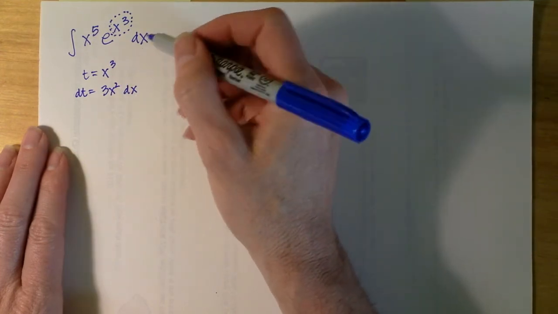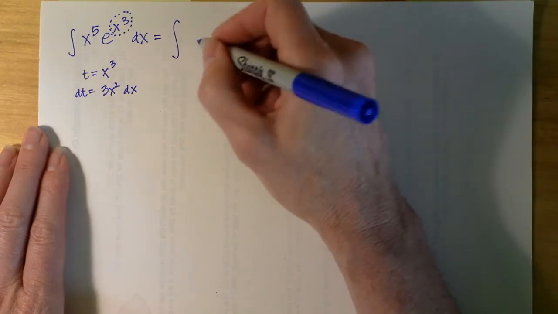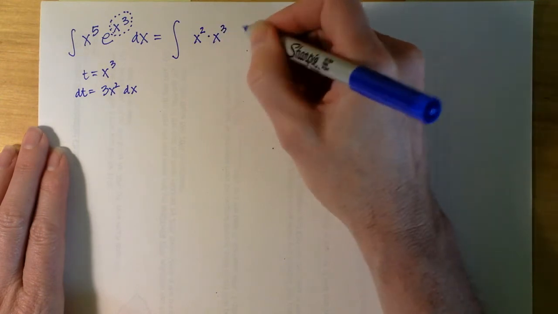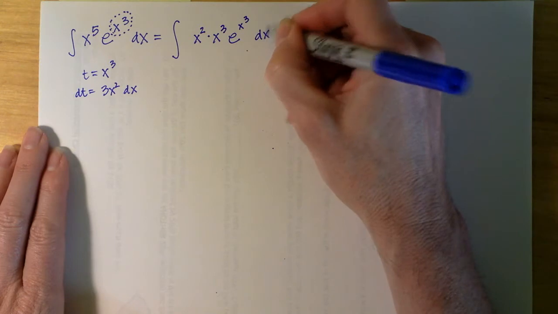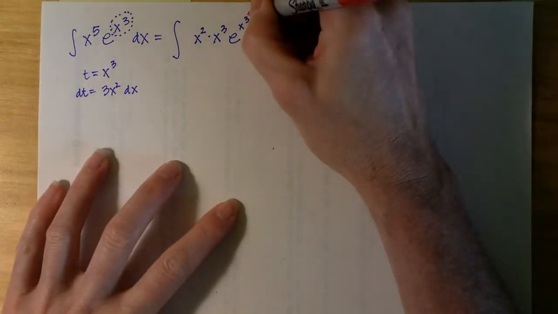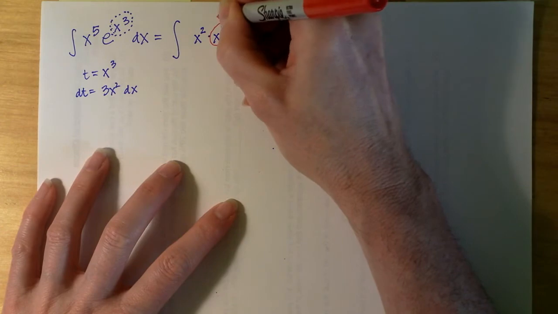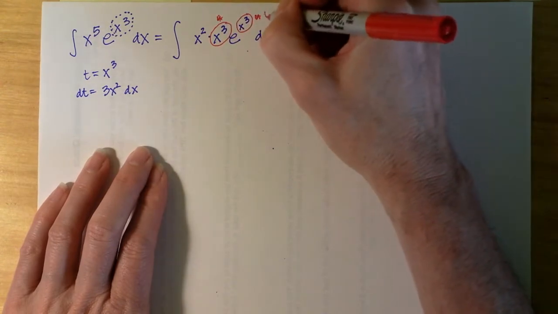Well, how does that help? Well, maybe it's easier to see if I write x to the fifth as x squared times x cubed. Like this. And then, if you see, this is a t, and this is a t, and for dt, it's not a u, it's a t, I'm sorry.